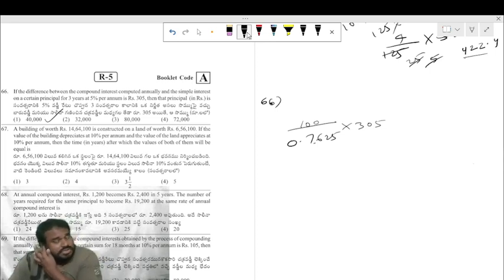If you can solve this, then we'll get the answer. So I'm just removing the point.